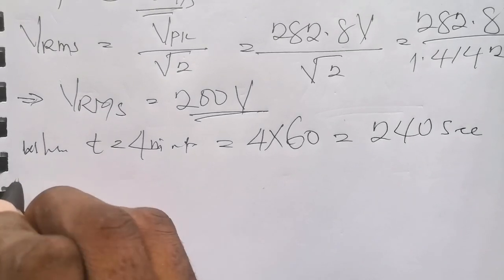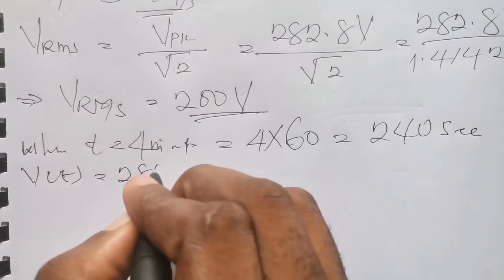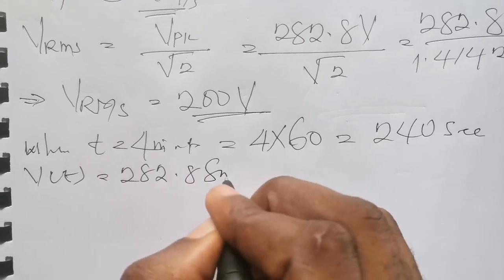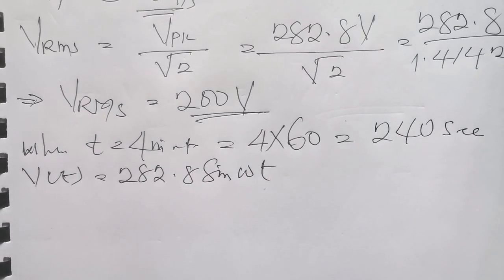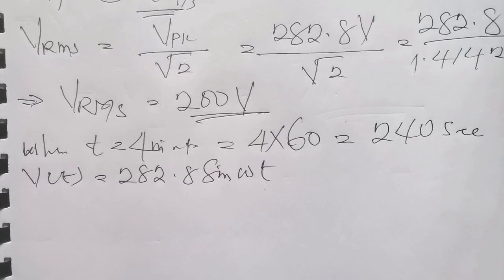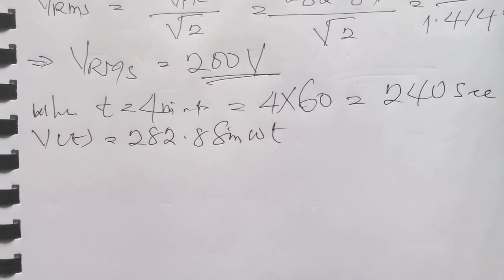Now, given the voltage function V of t is equal to 282.8 sine omega t, wherever you see t, put in the value as 240 seconds. That gives us the instantaneous voltage at that given time.